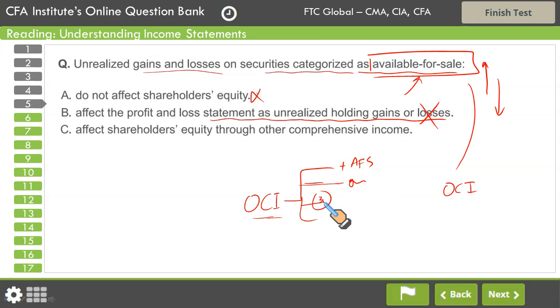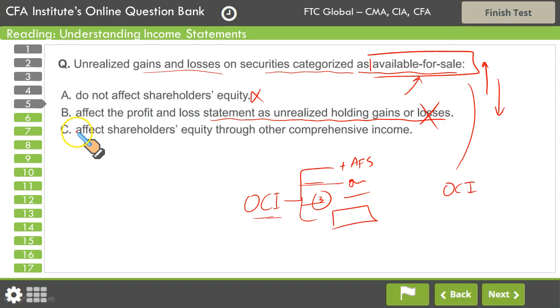Third, unrealized gain and loss on any effective portion of a cash flow hedge. And finally, defined pension benefit plans: any unrealized gain and loss on such a plan is also reported in other comprehensive income. So it means A is incorrect, B is incorrect.